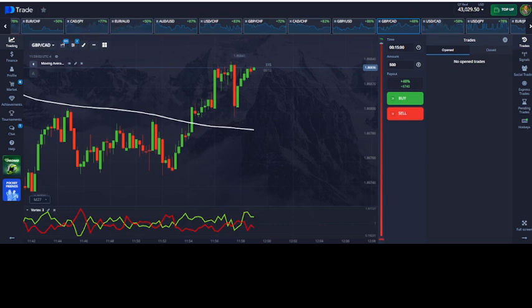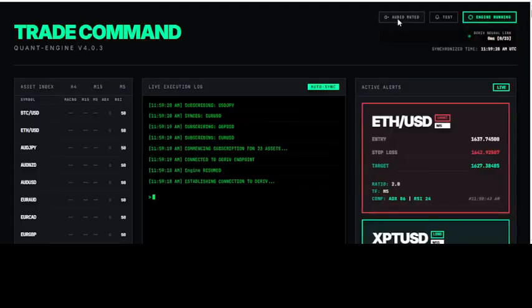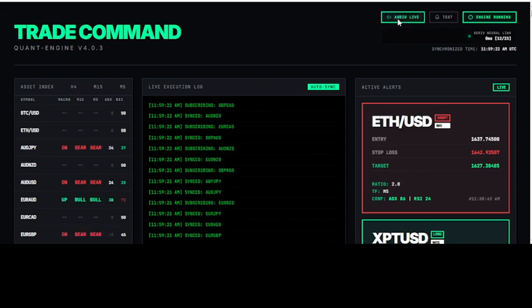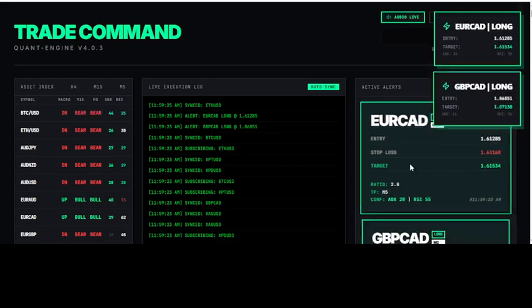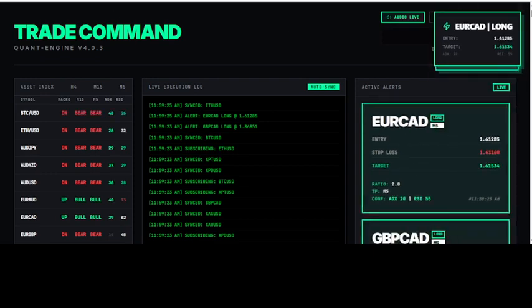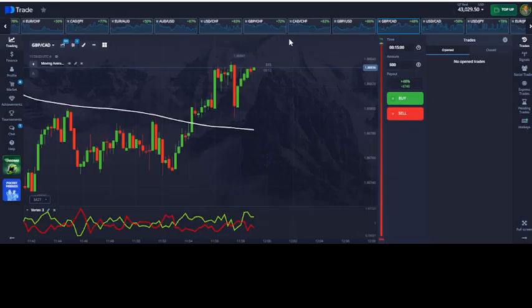So I'm going to go back to the engine here and let's reload it and see if we can find some more currency pairs to trade. Okay, we got Great British Pound, Canadian dollar, Euro Canadian dollar on the 5 minute.